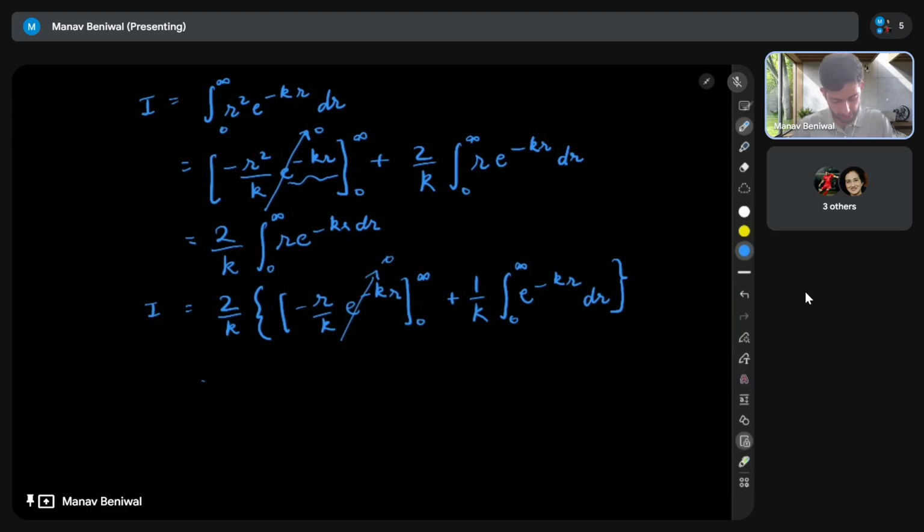What we have is 2 by k squared, and integrating we get minus 1 over k e to the minus kr, again 0 to infinity. Putting infinity gives us 0 because of this term, and putting 0, this term will be 1, and the minus minus will become plus, so we'll have 2 over k cube.